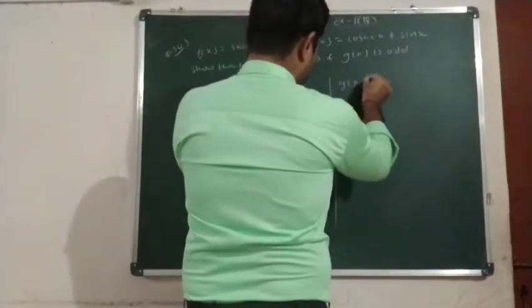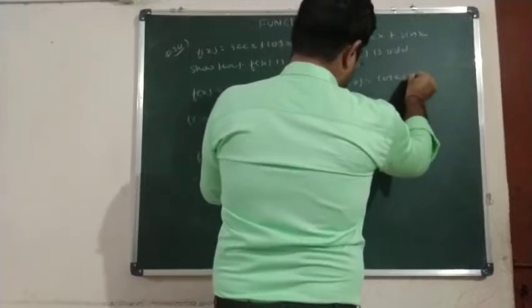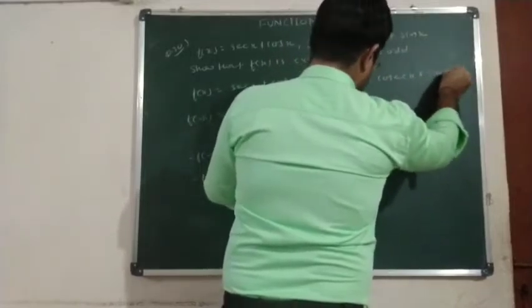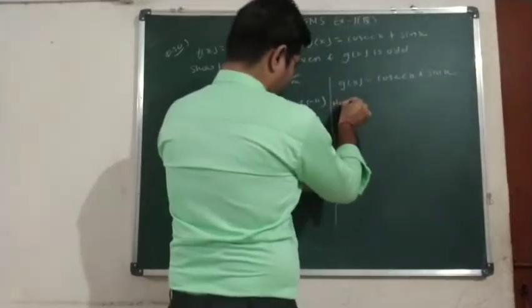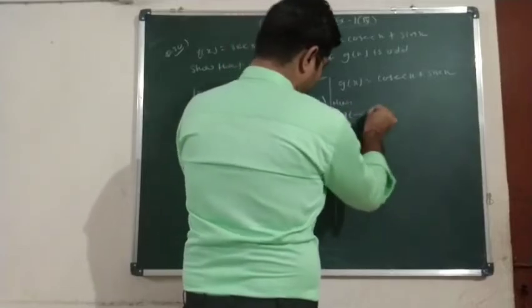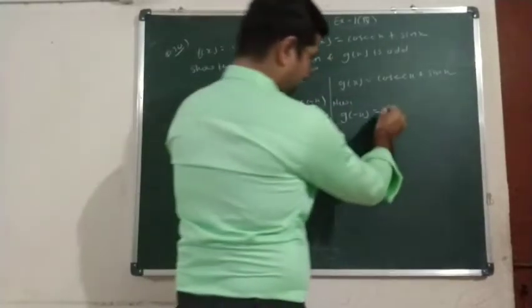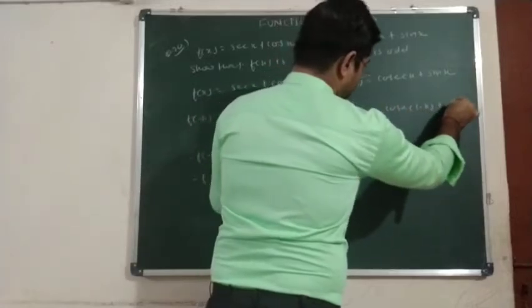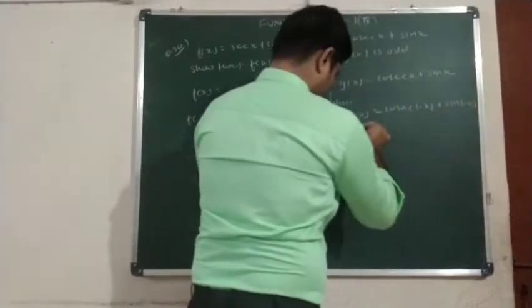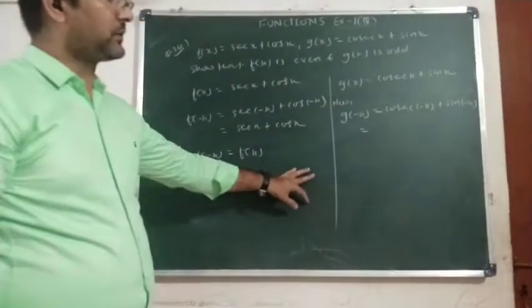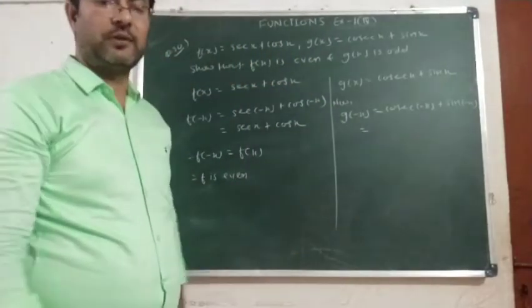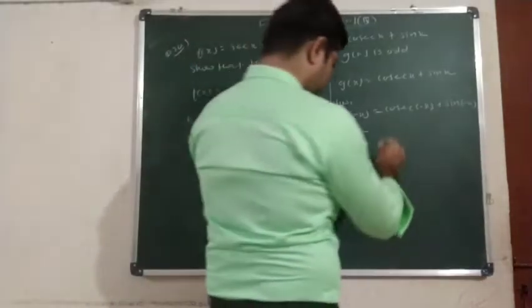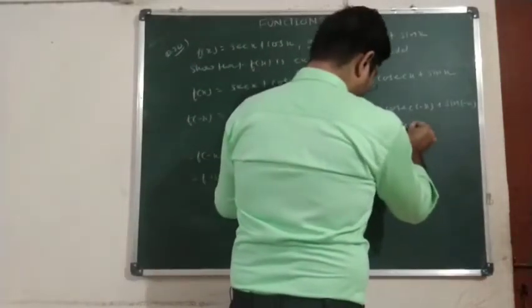Now let us check g of x. Okay, g of x is given as cos x plus sin x. Now we will find out g of minus x. g of minus x is equal to cos of minus x plus sin of minus x. Now cos and sin, both in the fourth quadrant, will be negative. So cos of minus x will be minus cos x.